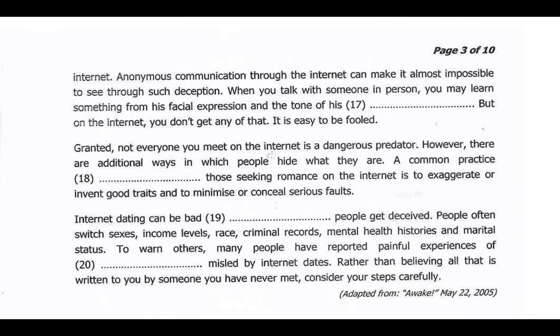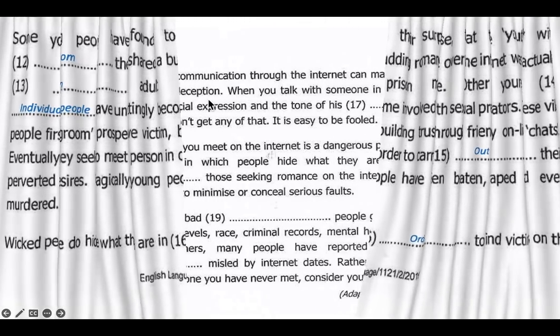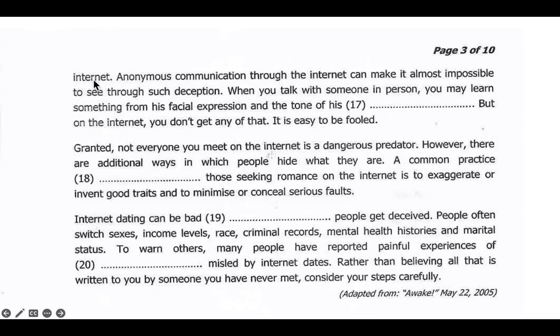So here there was a continuation. Wicked people do hide out what they are in order to find victims on the internet. So it came up to this part, on the internet. Enormous communication through the internet can make it almost impossible to see through such deception.